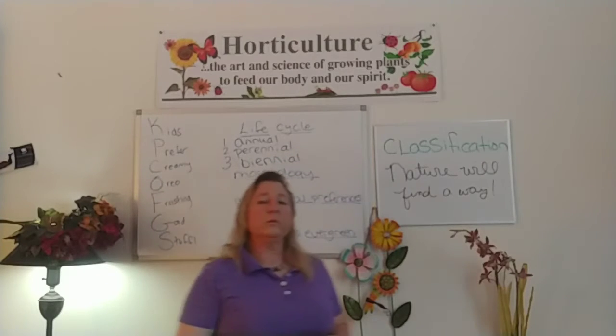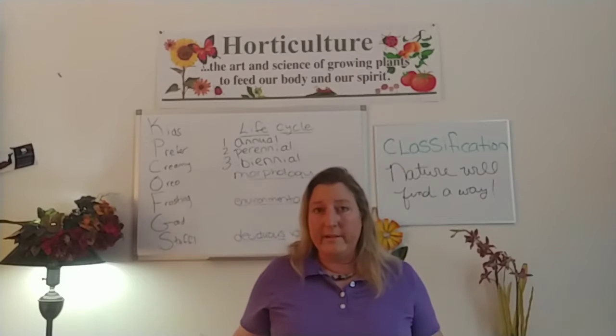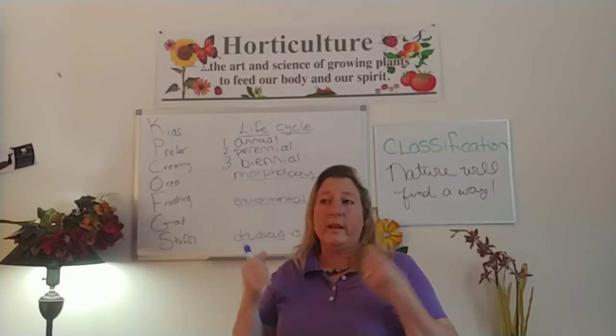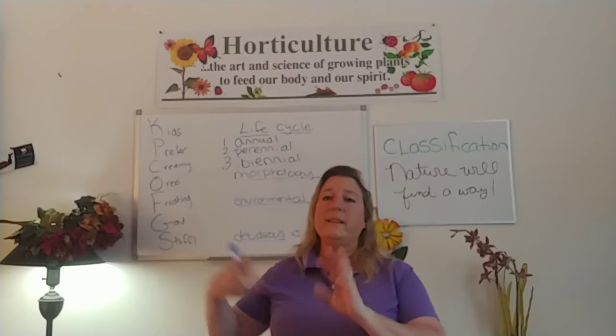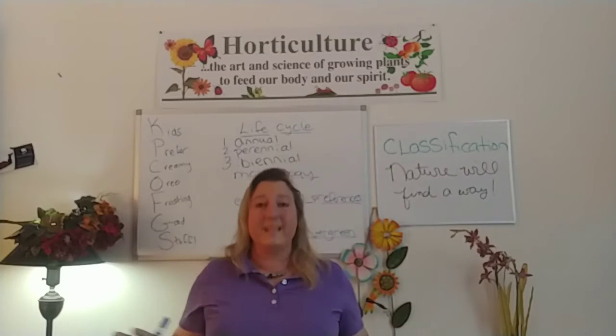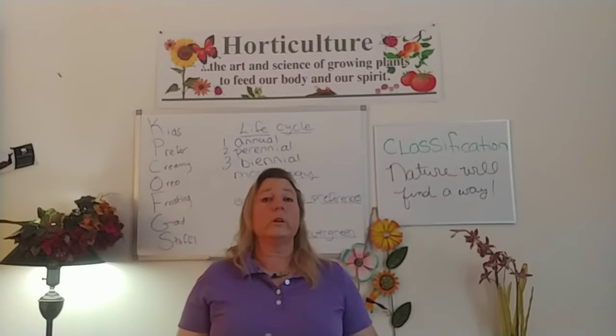So annuals are the plants that, it makes sense, they live a whole life cycle. They germinate, they grow vegetation, the leaves, the greenery, they flower, and then they die all in one growing season, okay? So you have to plant them every single year because they're only going to last the one growing season.